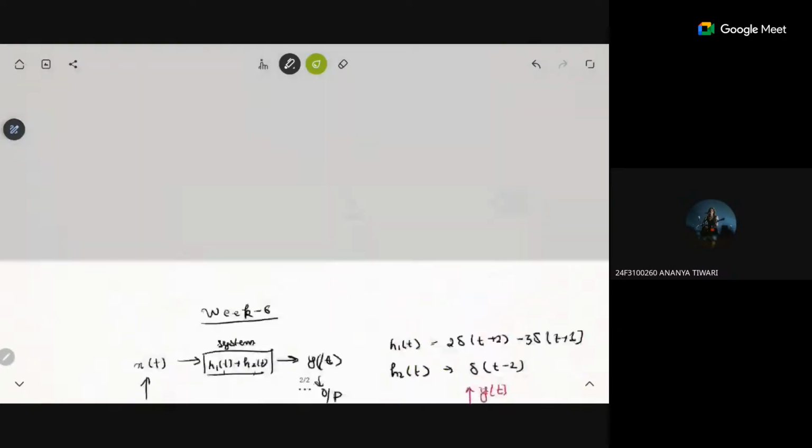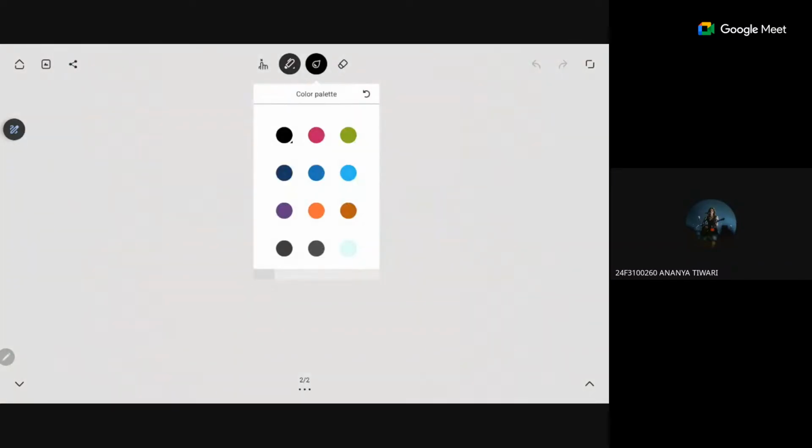Okay. So yesterday, for the LTI system, we discussed convolution, we discussed its properties, and we discussed the delta function on convolution.